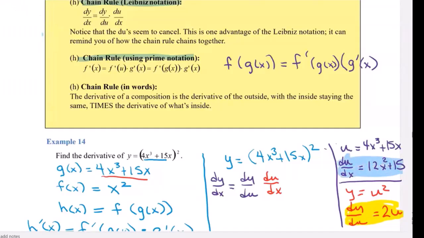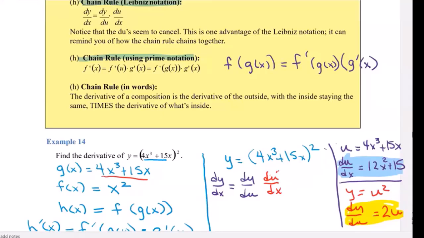And notice if I multiply those two together, the du's would cancel with each other, wouldn't they? And I would end up with dy dx. But that's not what my intention is here.